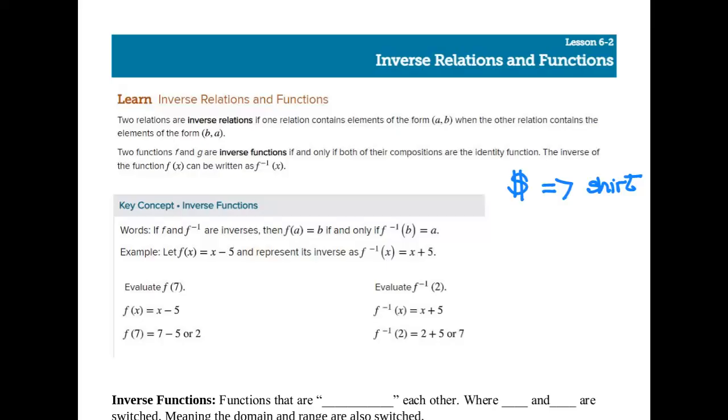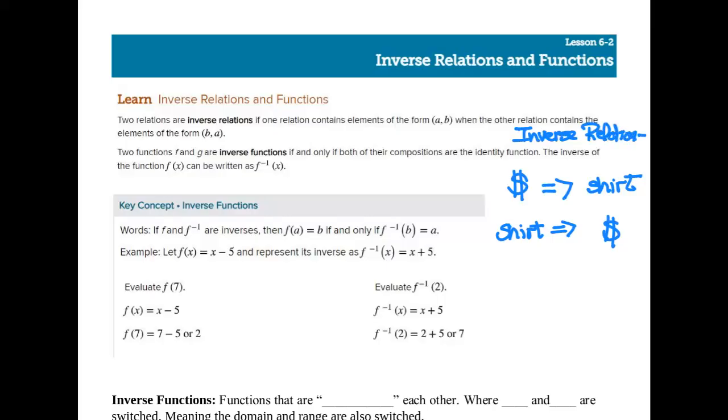So, you're going to take that shirt back to the store where you got it, and what are you going to get for that shirt? Money. You're going to get your money back. Okay? This is what we call an inverse relationship.